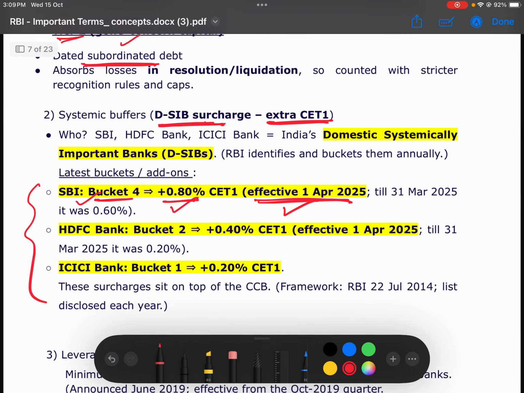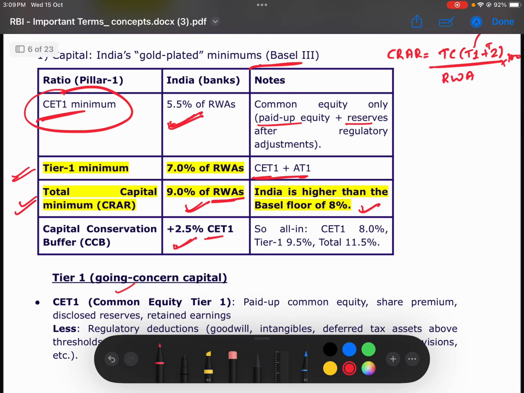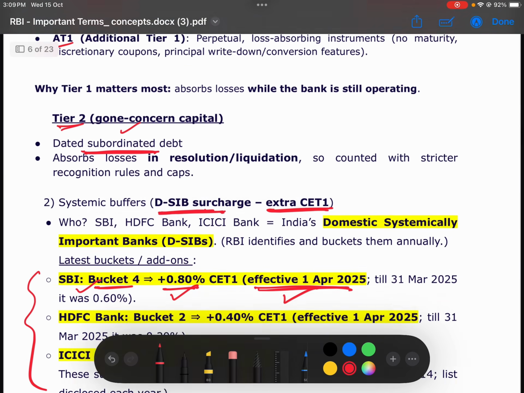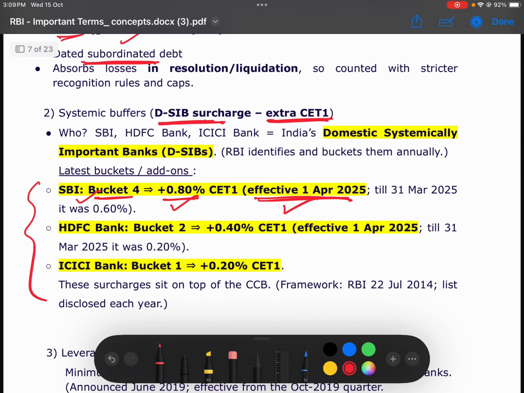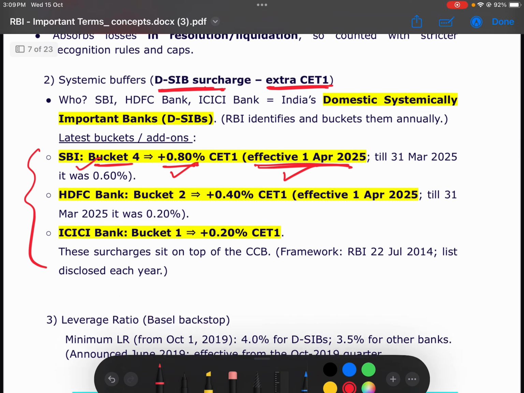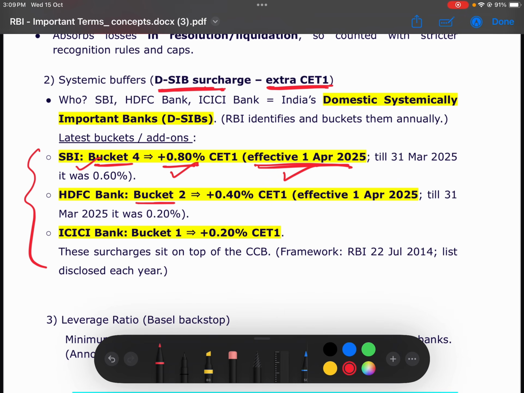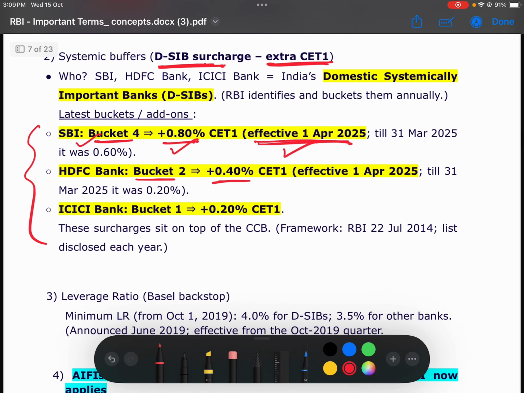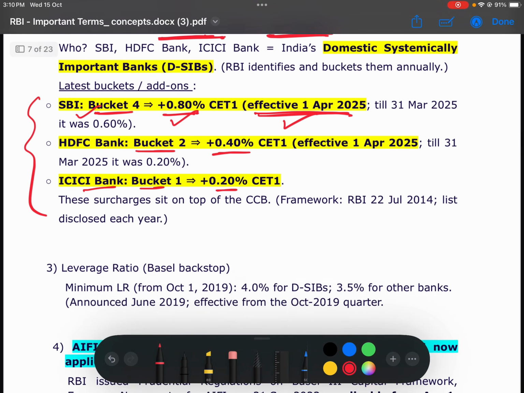In general, CET1 minimum capital should be 5.5%, and in case of SBI, it should be an additional 0.80%. In case of HDFC, it is under bucket 2, and 0.4% CET1 should be additional, and in case of ICICI Bank, it is under bucket 1, and 0.20% CET1 should be additional.